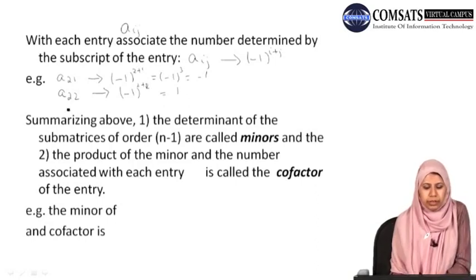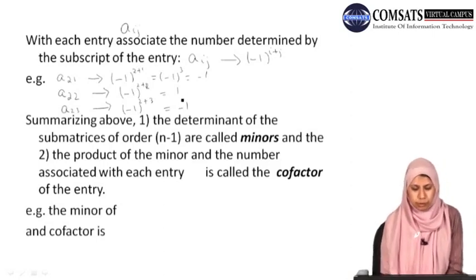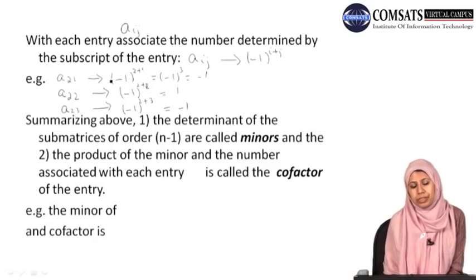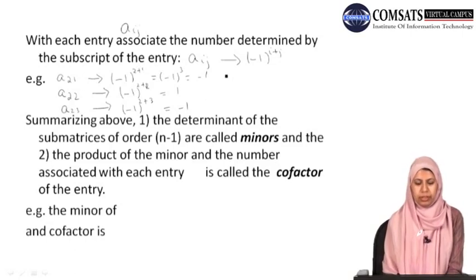And with respect to the entry A23, the number associated will be -1 to the power 2 plus 3, which is -1. So after simplifying, we have seen that the number will be either -1 or 1.